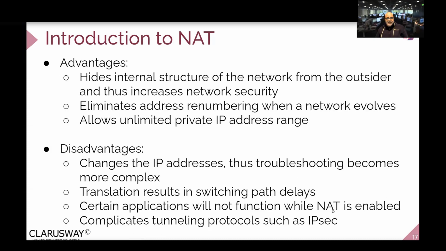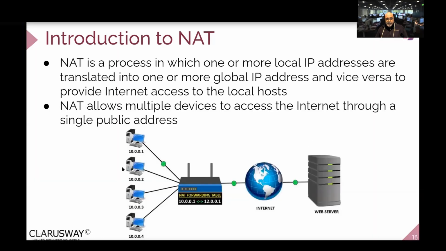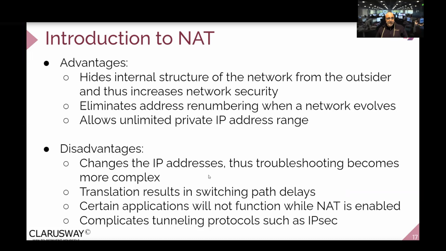So the advantages and disadvantages of NAT: you can't see the internal structure. Like I said, this web server or anybody else can't get access to see what your network looks like. It also makes it possible to have an unlimited number of small networks, right?